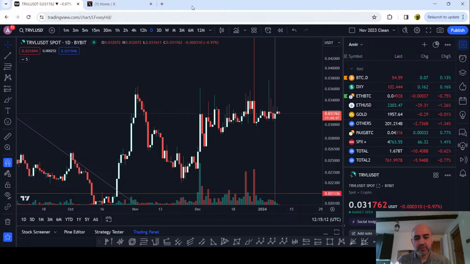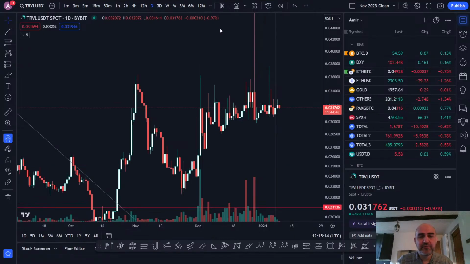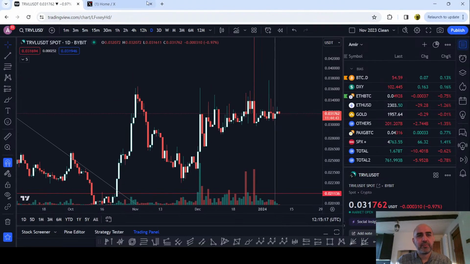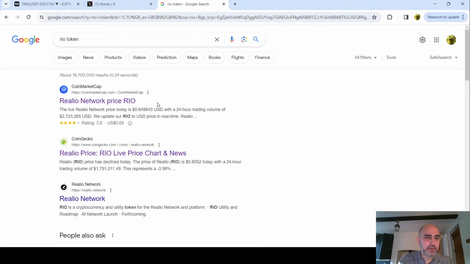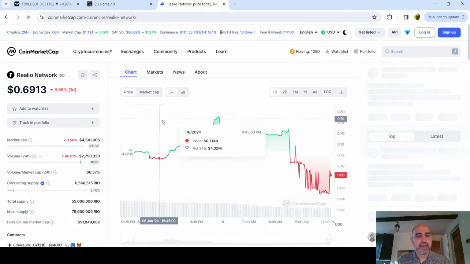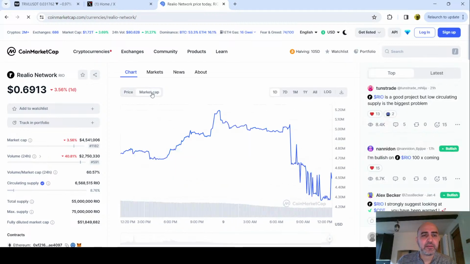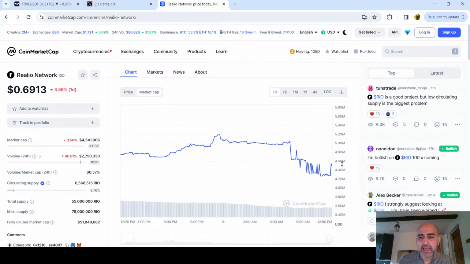If anyone doesn't know anything about RIO, I don't really know much about RIO either. But I see the RIO token talked about a lot on Twitter, and they're basically an RWA, which is a real world asset. And I see a lot of comments like this: I'm bullish on RIO, 100x coming. So obviously that's piqued my interest.